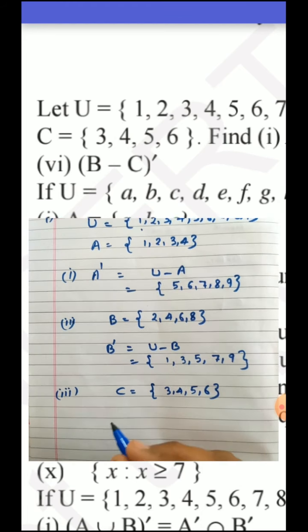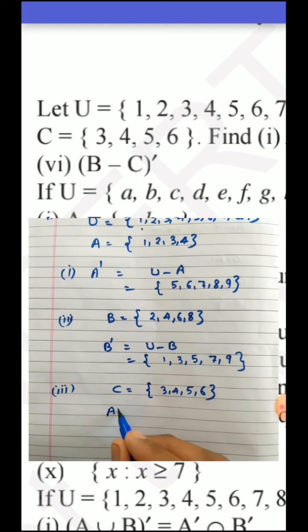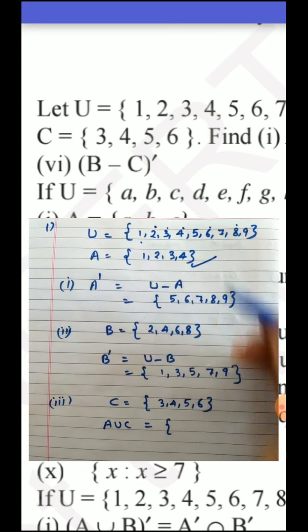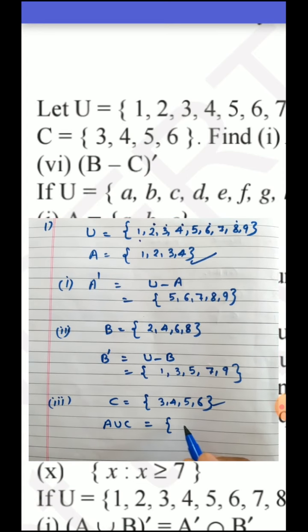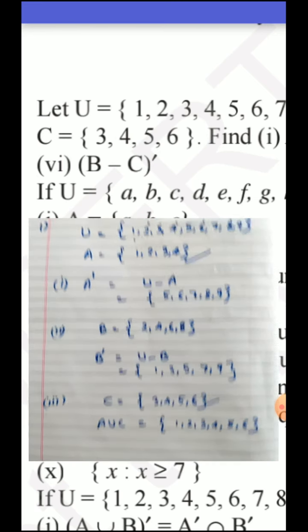Now A union C means you will collect all elements 1, 2, 3, 4, 5, 6. This is called A union C.